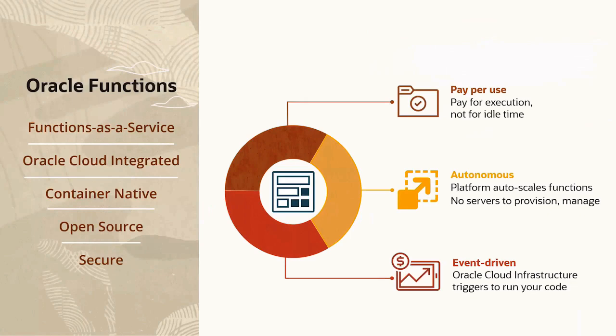The Open Container Initiative is basically baked into this. It's all built on open source, and it is secure in the cloud ecosystem. I already mentioned it's pay per use, and essentially it's auto scaling. So as many times, as fast as you need to trigger your functions, simply initiate the trigger or call the function, and the system automatically scales out and scales in to handle the appropriate resource requirements.